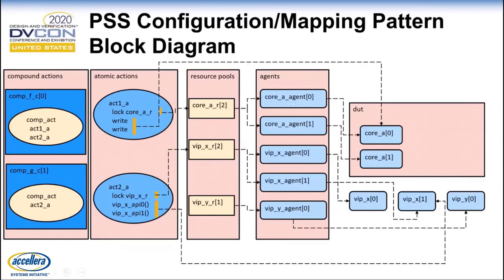And in this pattern, we want a one-to-one mapping to each VIP instance with what we call an agent or execution agent instance. These are DSL component instances, each one representing a blue box on the right side. So for every VIP, for every core, you're going to have an execution agent instance.